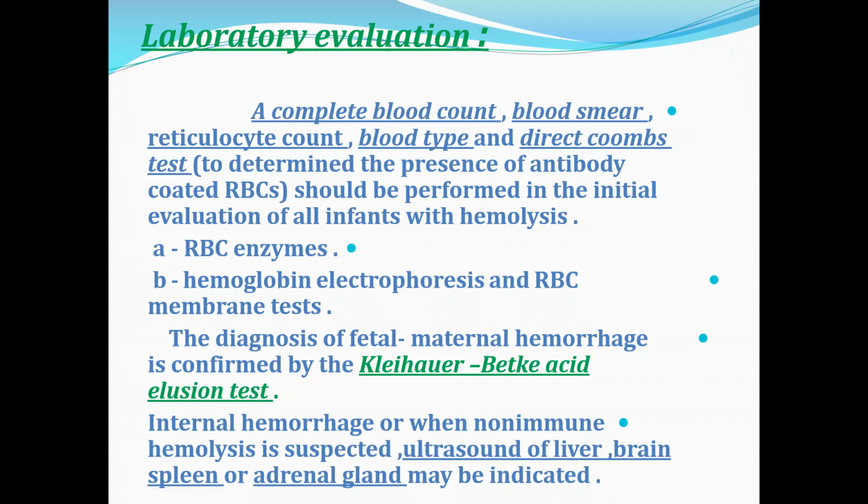So the basis of this test depends on this phenomenon. In maternal hemorrhage, or when non-immune hemolysis is suspected, ultrasound of liver, brain, spleen, or adrenal gland may be indicated.